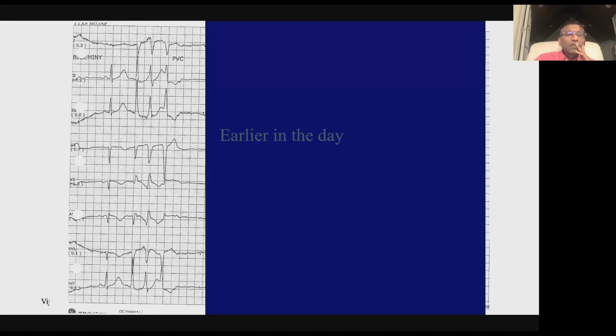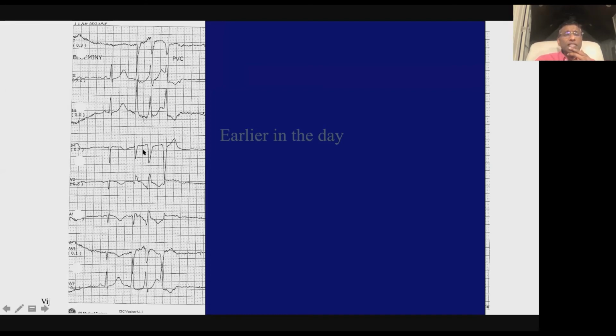So the terminal part is negative. Looking at the aVR lead also, the downsloping of that Q is quite slow. Very good. Excellent. So all that is in favor of more of a VT. Good.